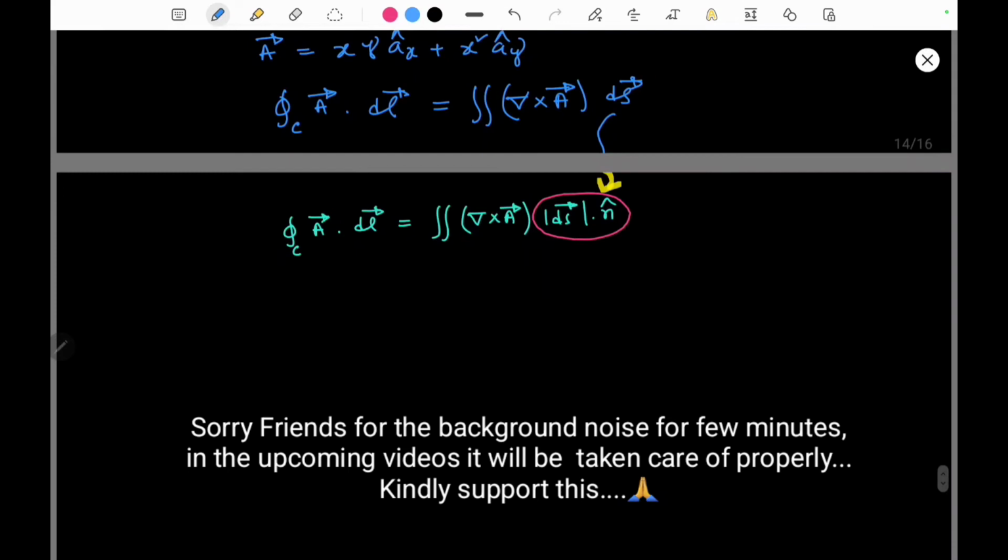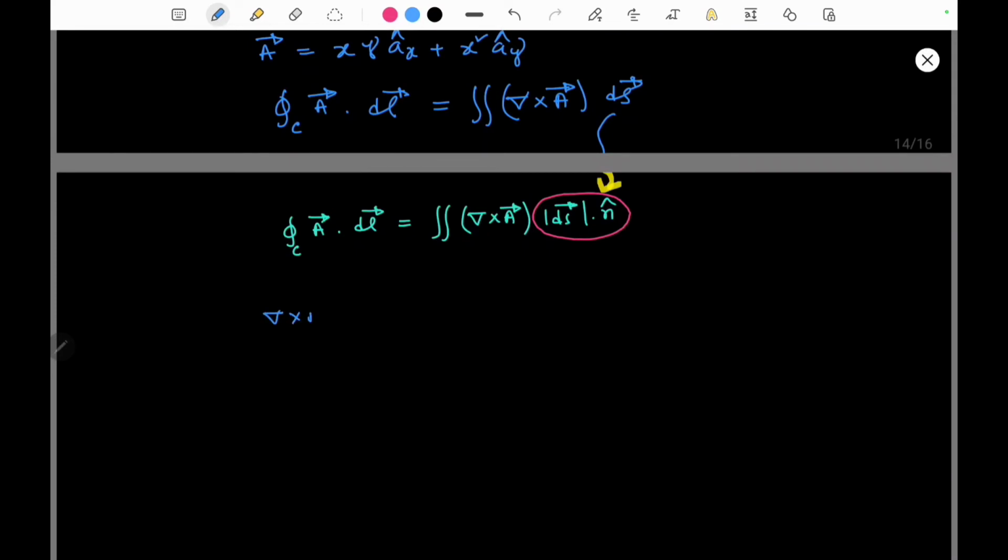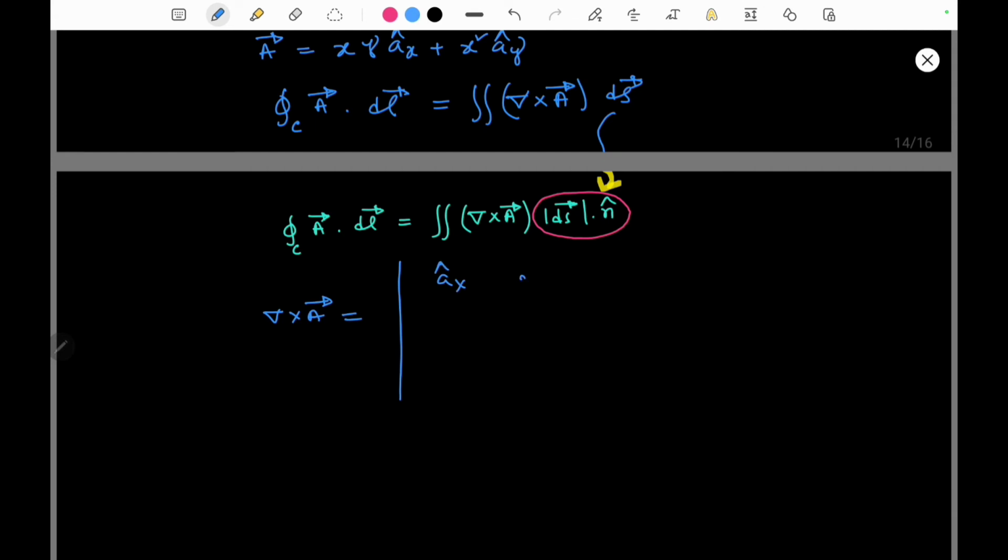Okay, now del cross a vector will be, we can calculate like this: ax cap, ay cap, az cap, del by del x, del by del y, del by del z, xy, x square, 0.